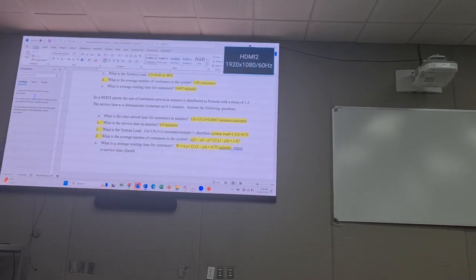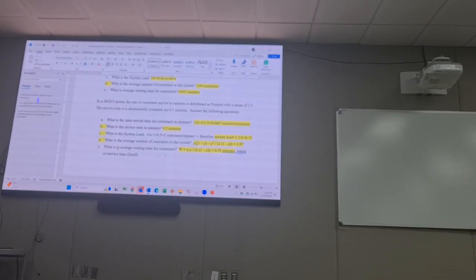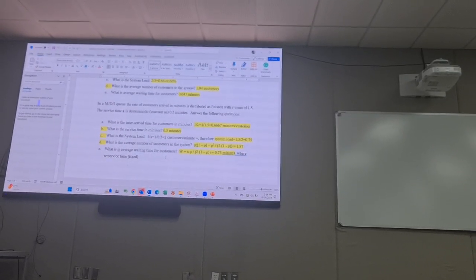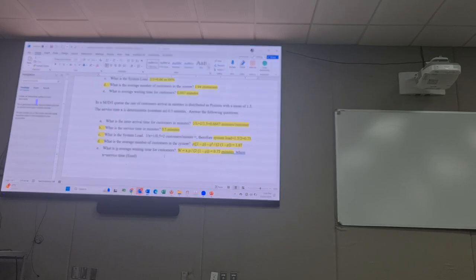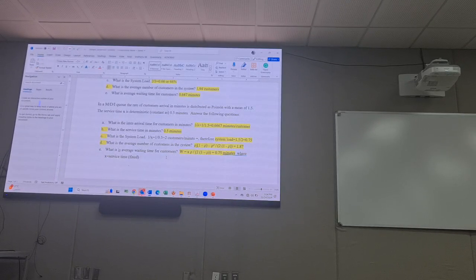So if in an M/D/1 queue the rate of customer arrival in minutes is distributed Poisson with a mean 1.5. So what is given, lambda or 1 over lambda? Read again. Rate of customer arrival in minutes, mean is 1.5.